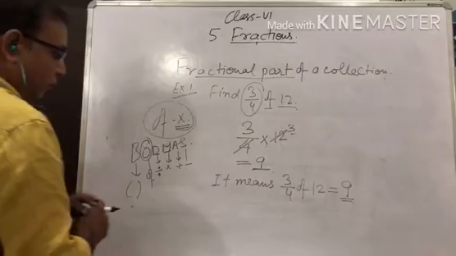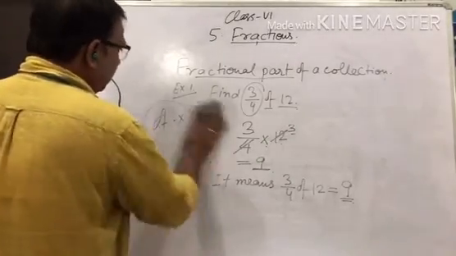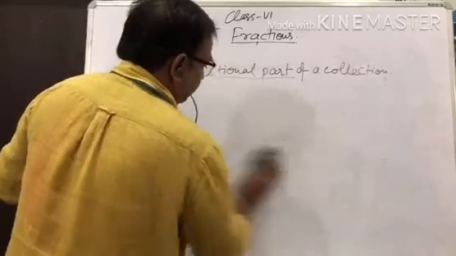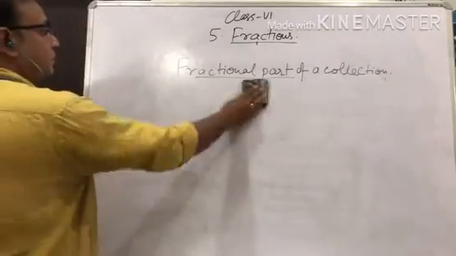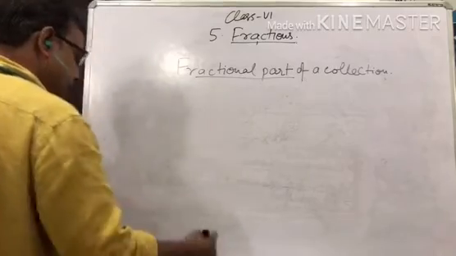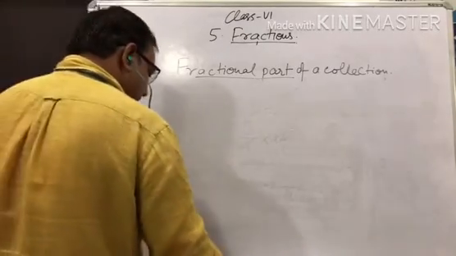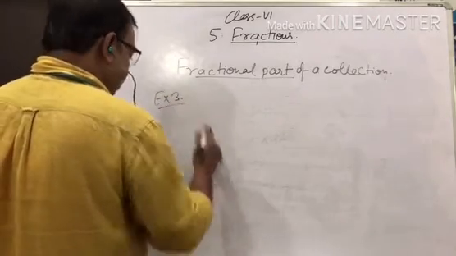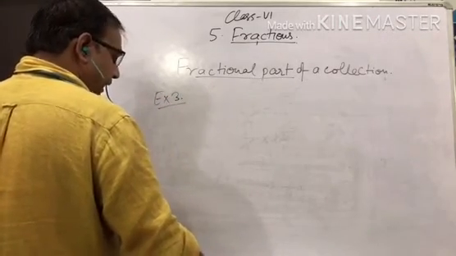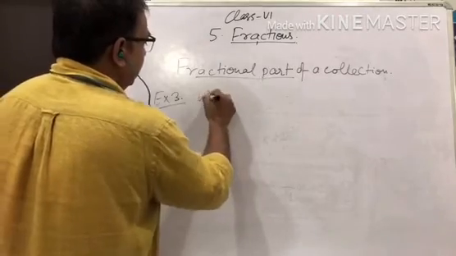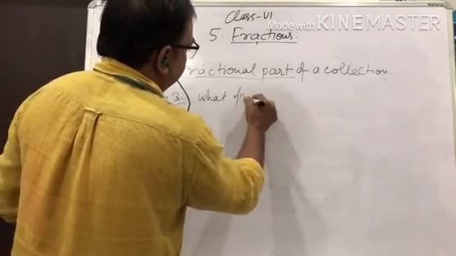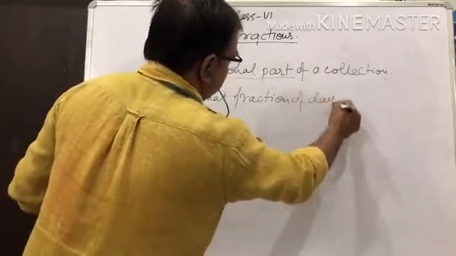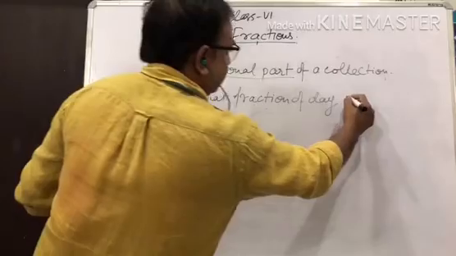Okay. Now I will take one more example from your book, same with the fractional part of a collection. But I want to change the hour. Example number 3. The question is, what fraction of a day is 8 hours?